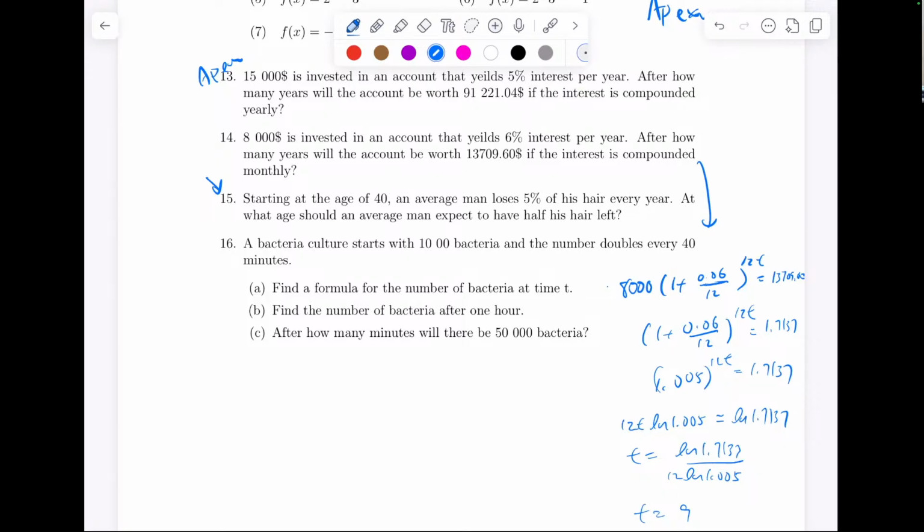So this question is implying it's continuous rather than compounded annually or quarterly or monthly. You don't lose hairs just at the end of the year. Imagine if we kept all of our hair and then it just fell out.